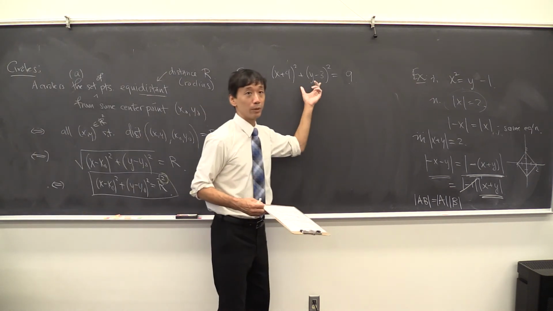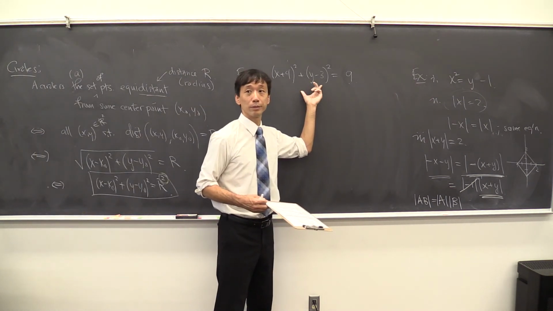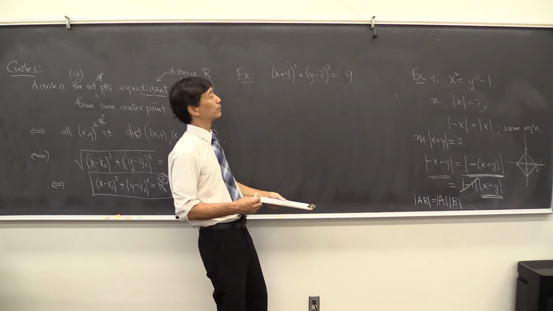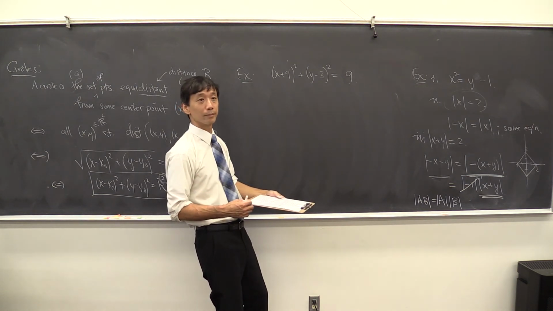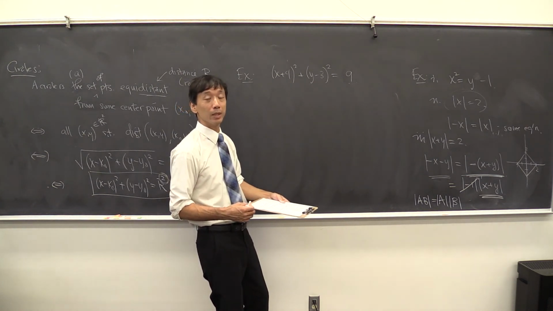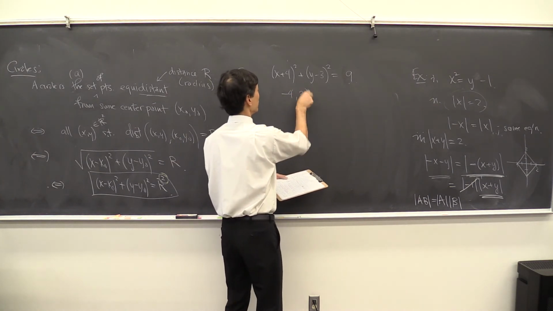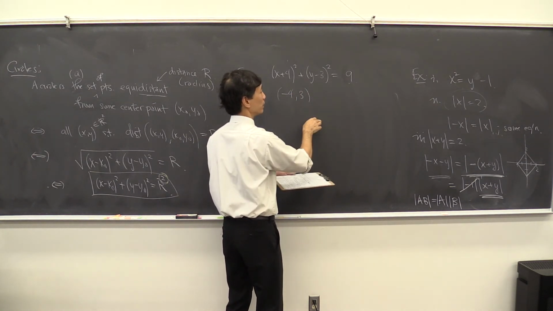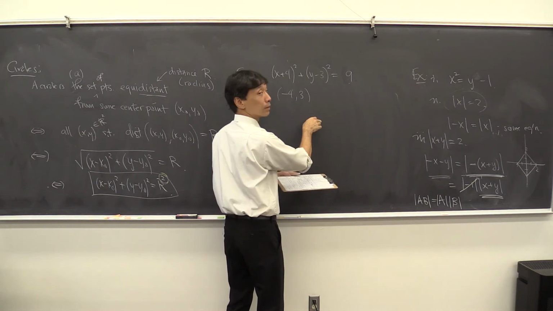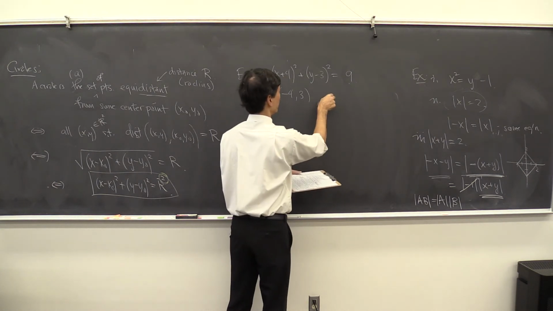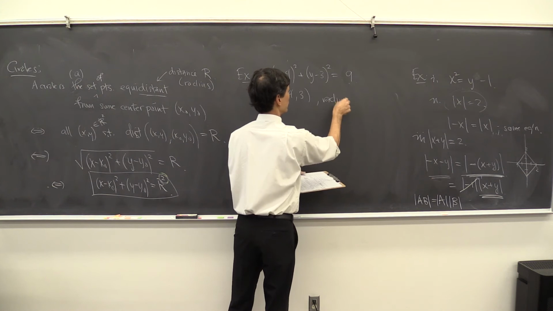What would be the center of this circle? Amy? Negative 4, comma 3 is the center. And then what's the radius? 3. Radius 3.